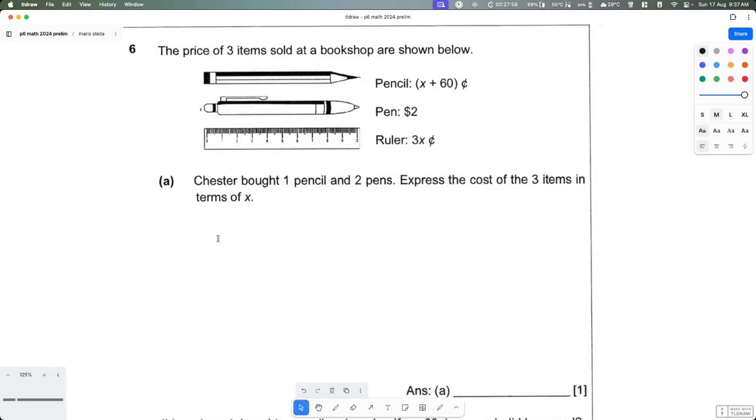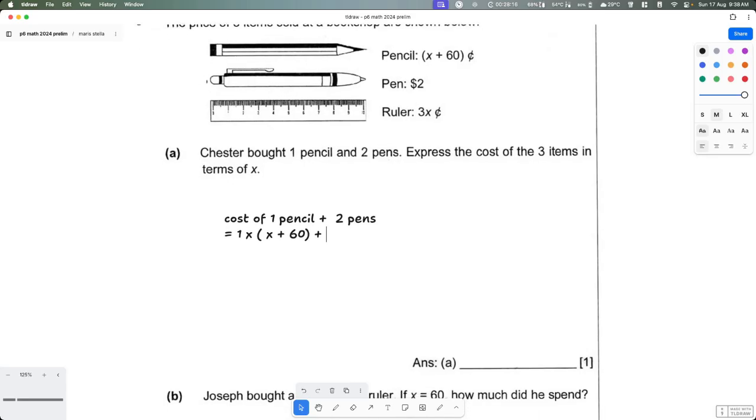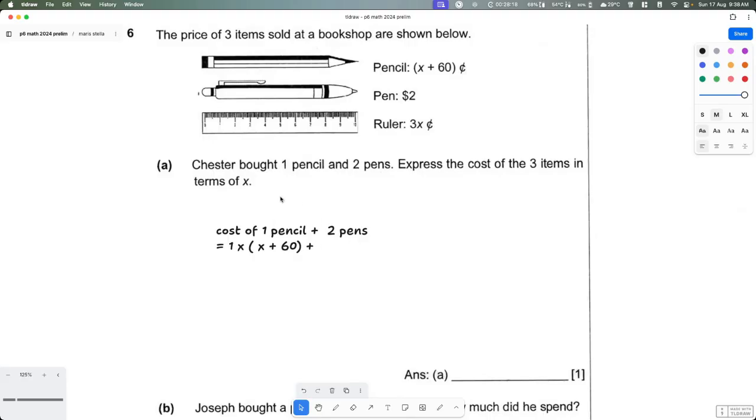So the cost of 1 pencil plus 2 pens is equal to 1 times bracket, pencil is X plus 60 cents, plus 2 pens. You can express $2 as 200 cents.